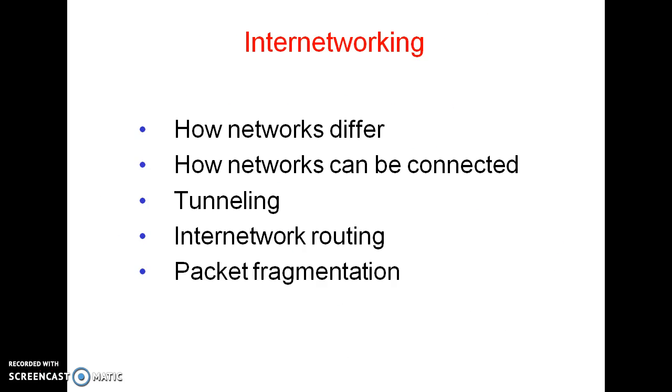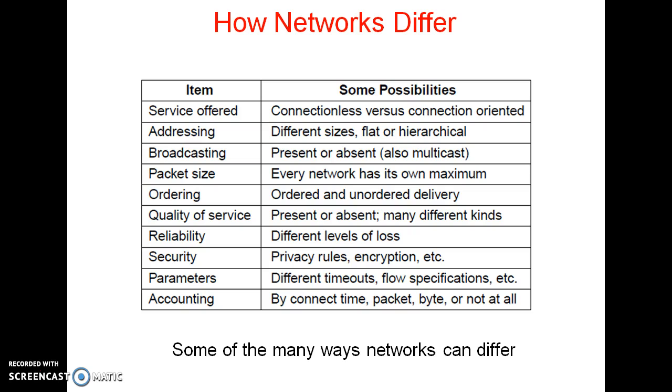Okay. Next is internetworking. How networks differ, how networks can be connected, tunneling, internet routing, and packet fragmentation. How networks differ is based on the service offered. Some possibilities are connectionless versus connection-oriented, addressing, flat or hierarchical, broadcasting present or absent, packet size.